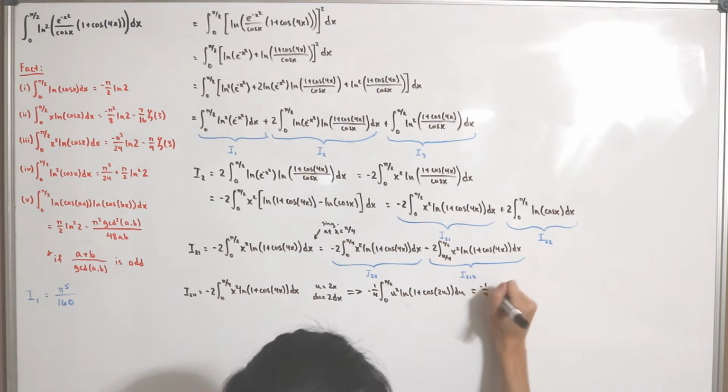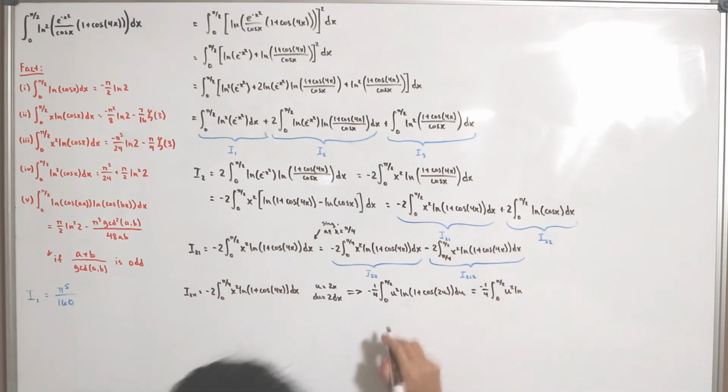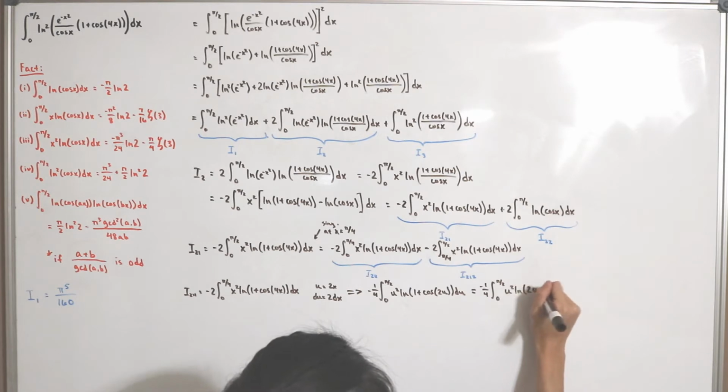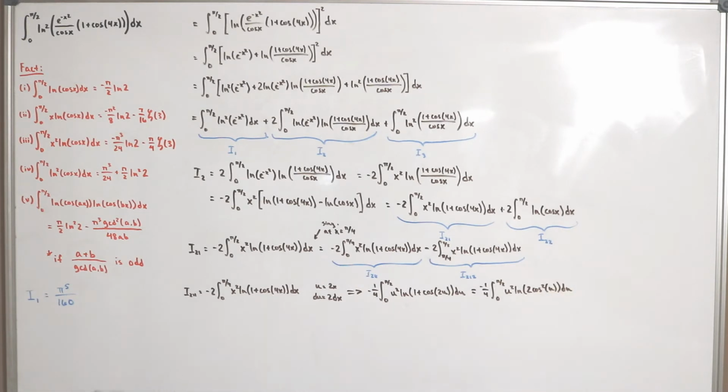So this is negative 1 over 4 times the integral from 0 to pi over 2 of u squared times the natural log of 1 plus cosine 2u, whose trig identity is equal to 2 times cosine square of u, du. And now we're using natural log rules. So this is a product.